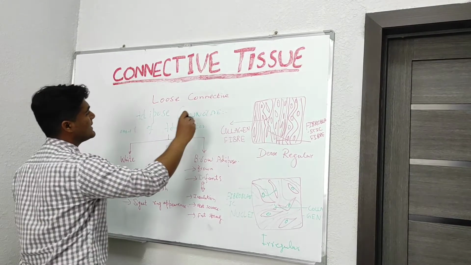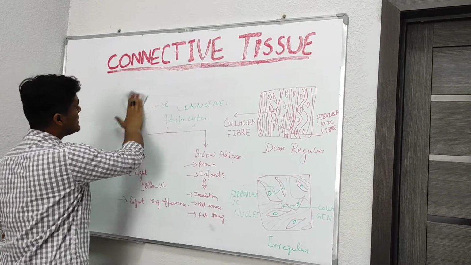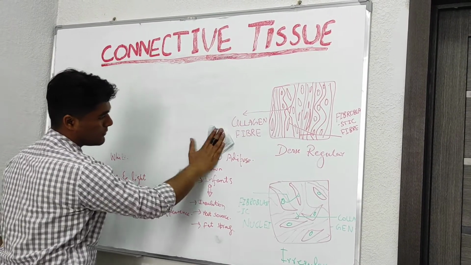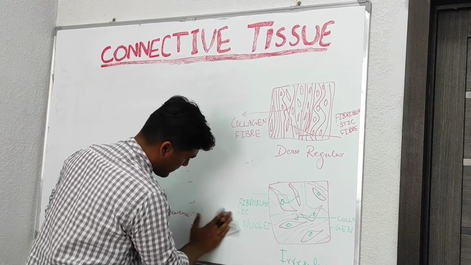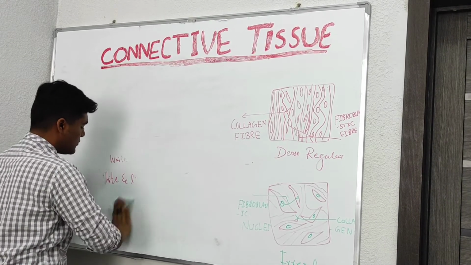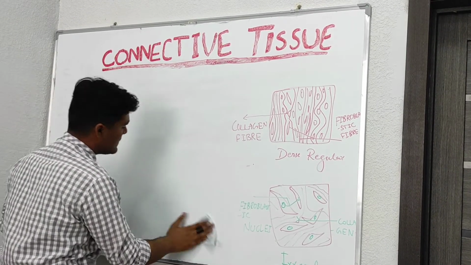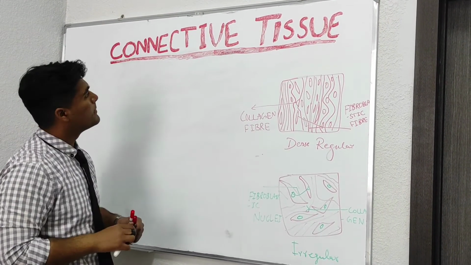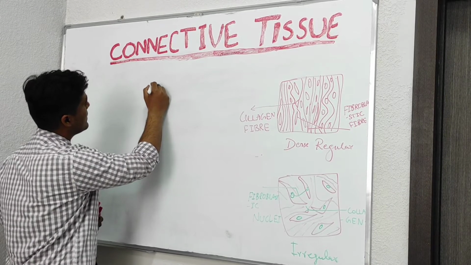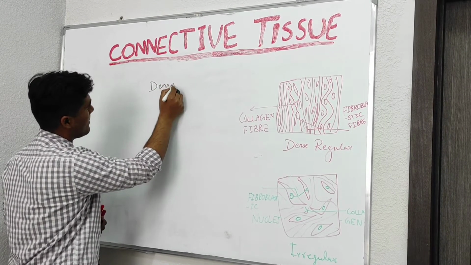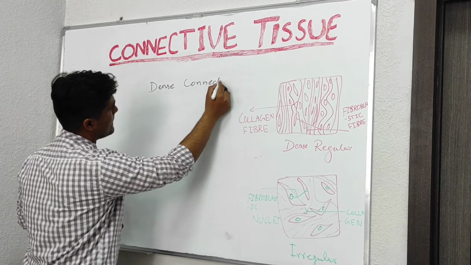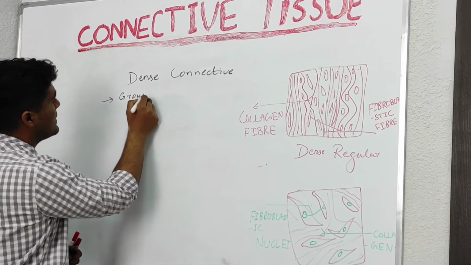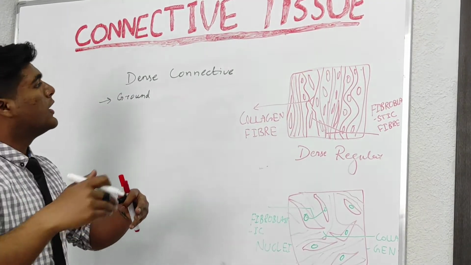Now talking about the second major type of connective tissue, which is dense connective tissue. As its name shows, it is dense: fibers are arranged in dense form, and the ground substance present is less as compared to loose connective tissue.